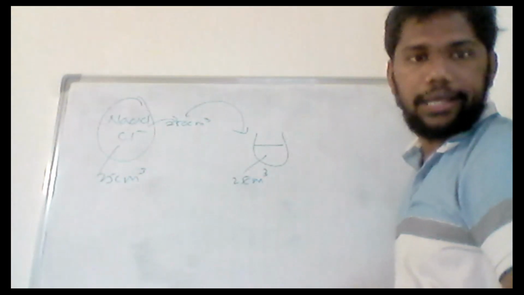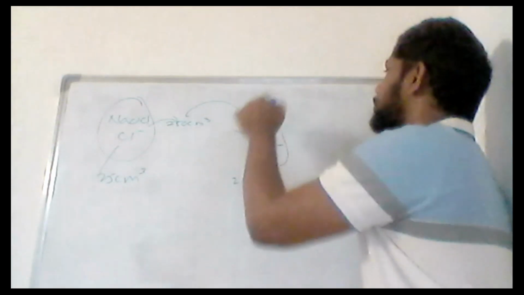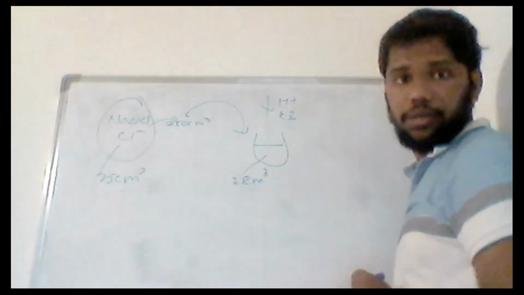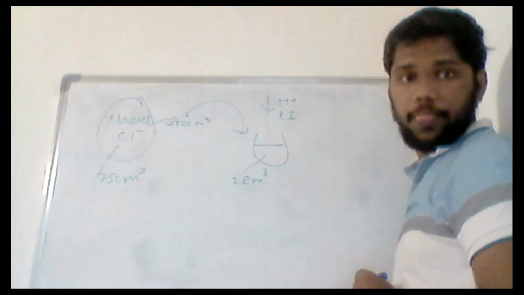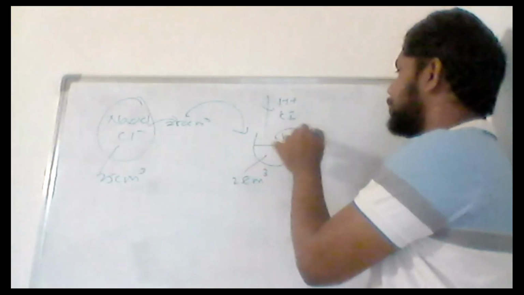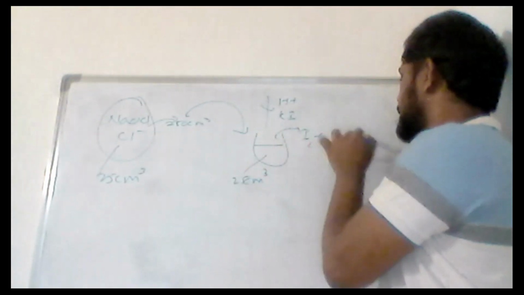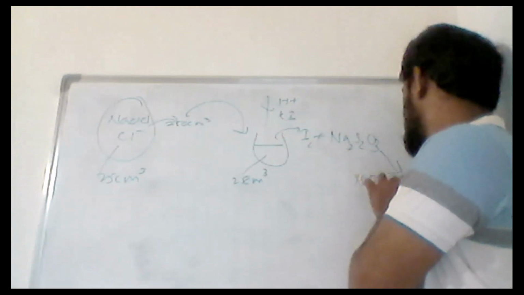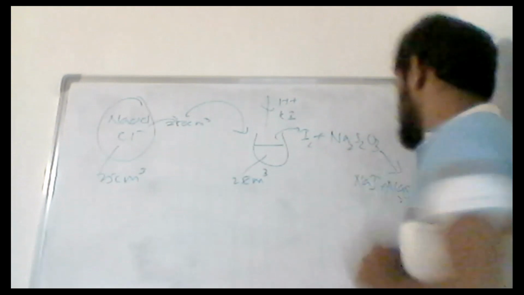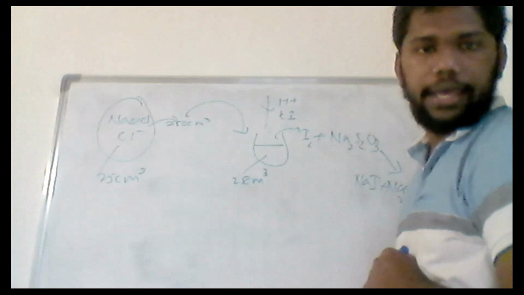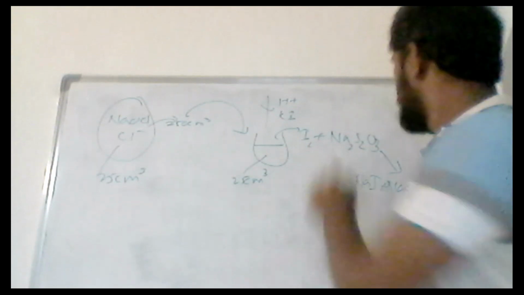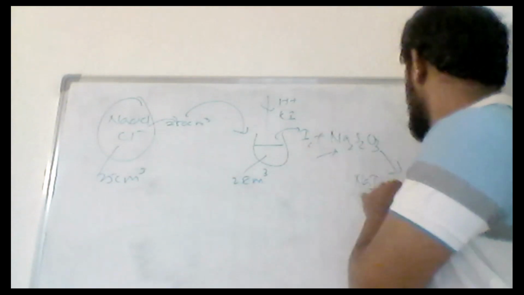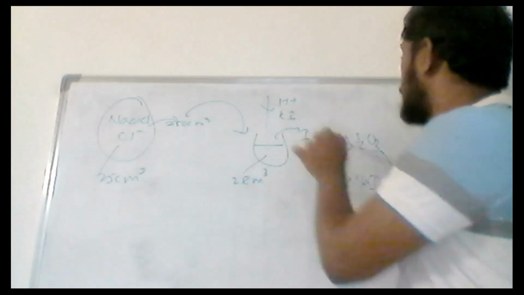and in excess, you put acetic acid, basically H plus, and KI. This will liberate I2, and this was titrated with sodium thiosulfate, which will produce NaI and Na2S4O6. You can balance this one as well: put 2 here and 2 here.